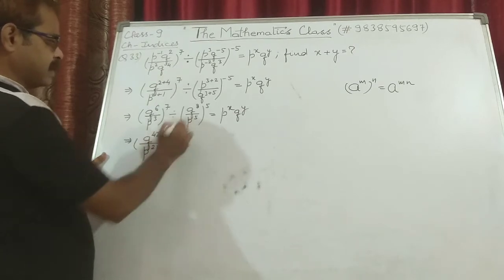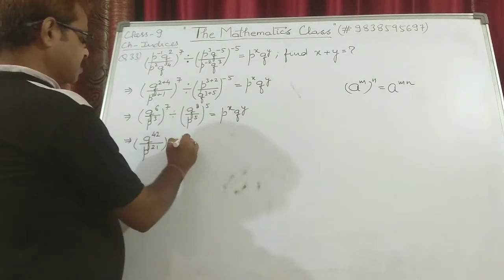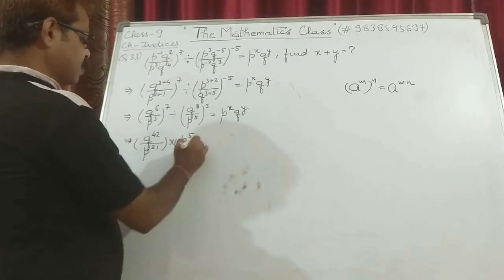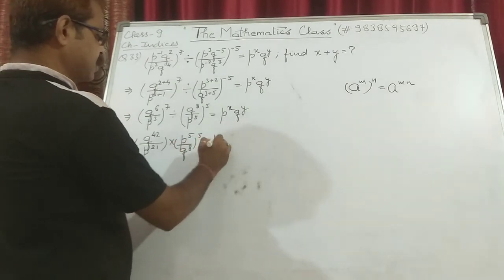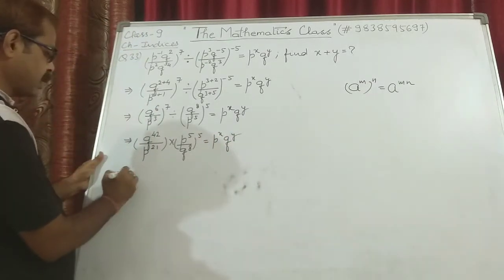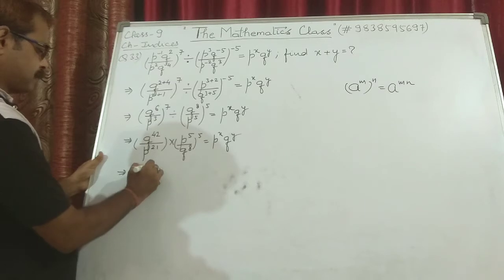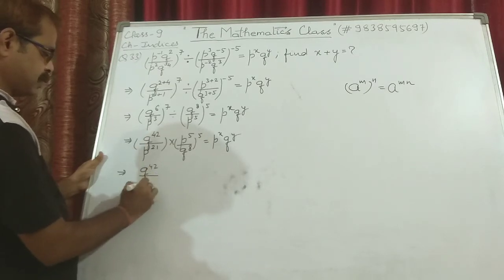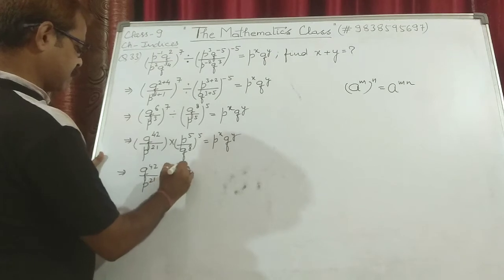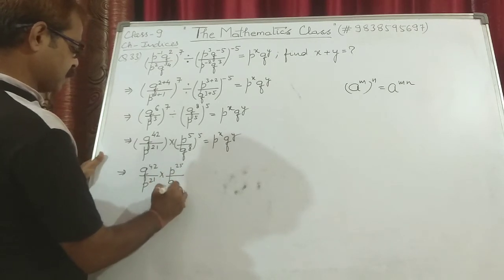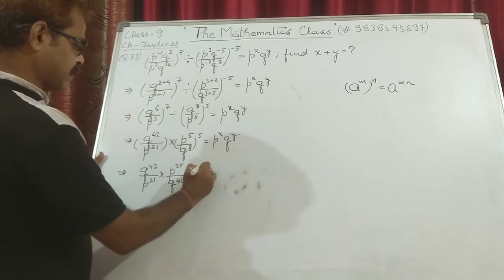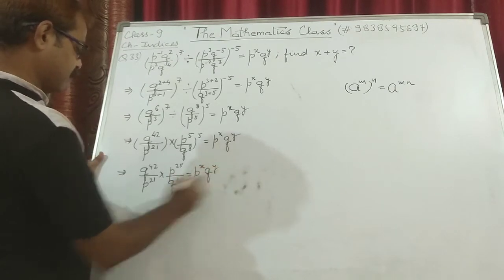Then multiplied by, this will go to the numerator, p to the power 5 upon q to the power 8, whole power 5 is equal to p to the power x and q to the power y. Now q to the power 42 upon p to the power 21 into 5 5s are 25, p to the power 25 upon q to the power 8 5s are 40 is equal to p to the power x and q to the power y.